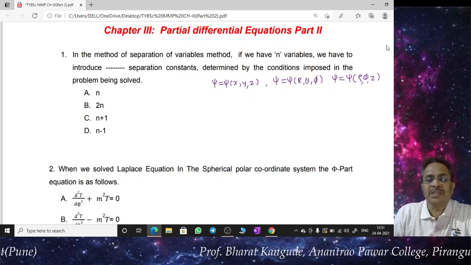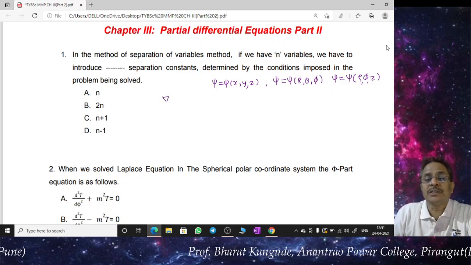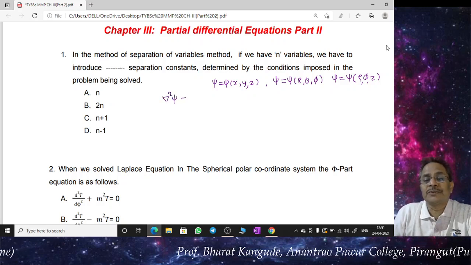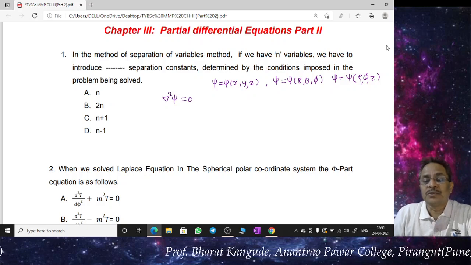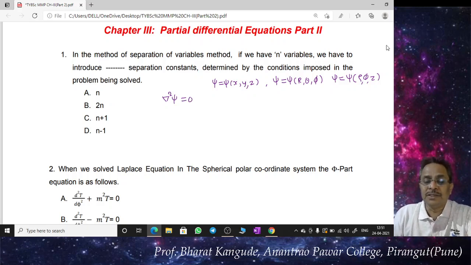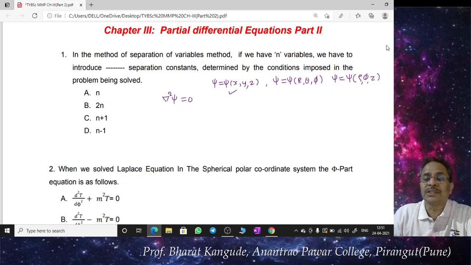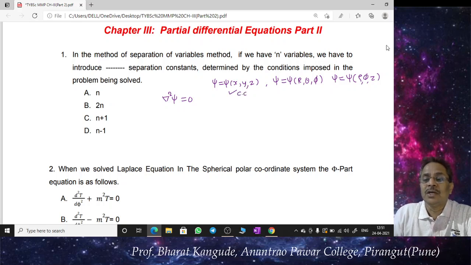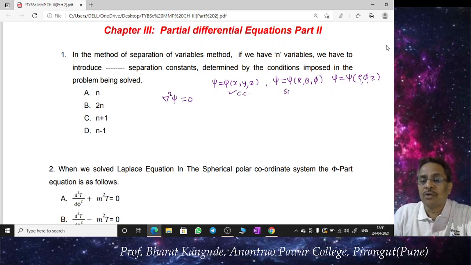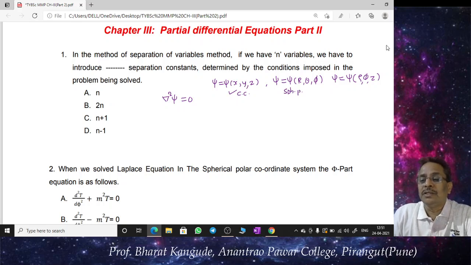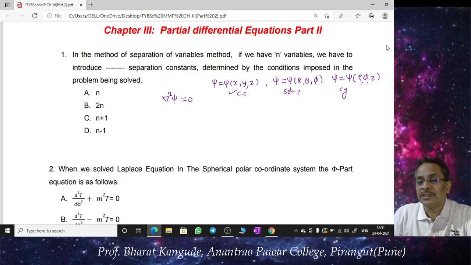we can separate this given equation. For example, we have solved the Laplace equation del square psi is equal to 0, substituting del square in this equation either from the Cartesian coordinate system, or the spherical polar coordinate system, or the cylindrical coordinate system.